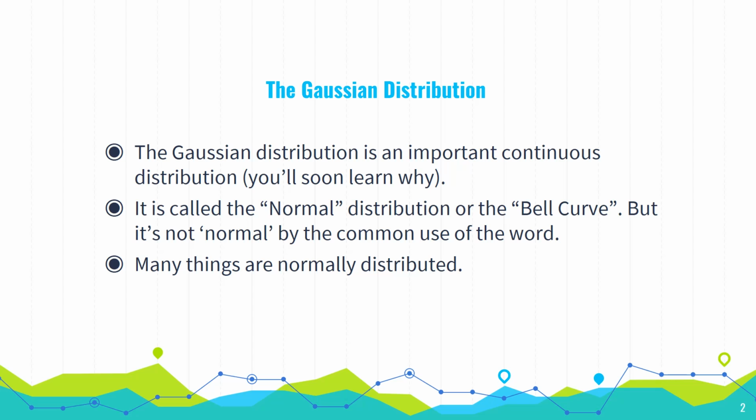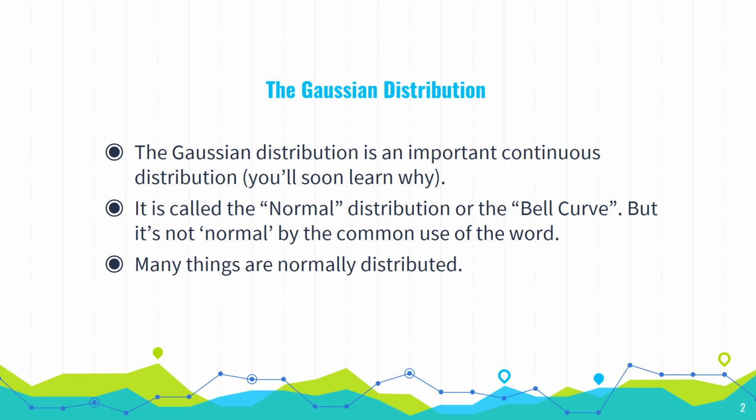Next week we'll learn one of the reasons why it's so important, but it has to do with the fact that lots of things in the world are normally distributed, lots of random phenomena, and it's very useful in statistics for a lot of applications. We'll see why, like I said, next week.